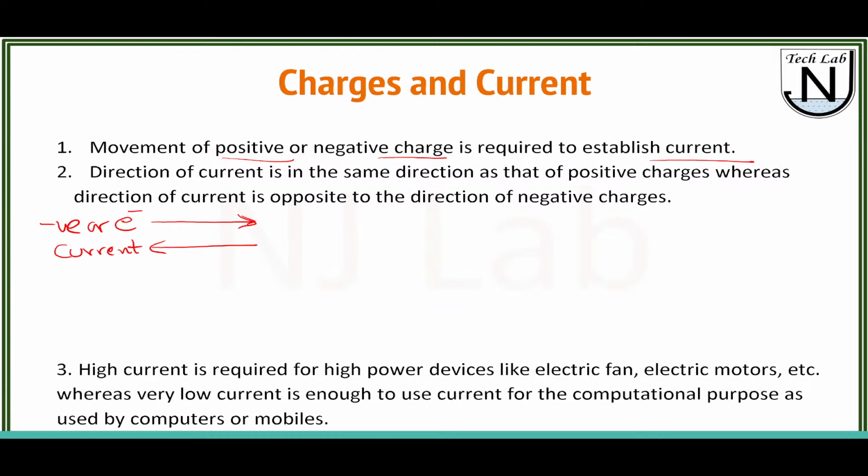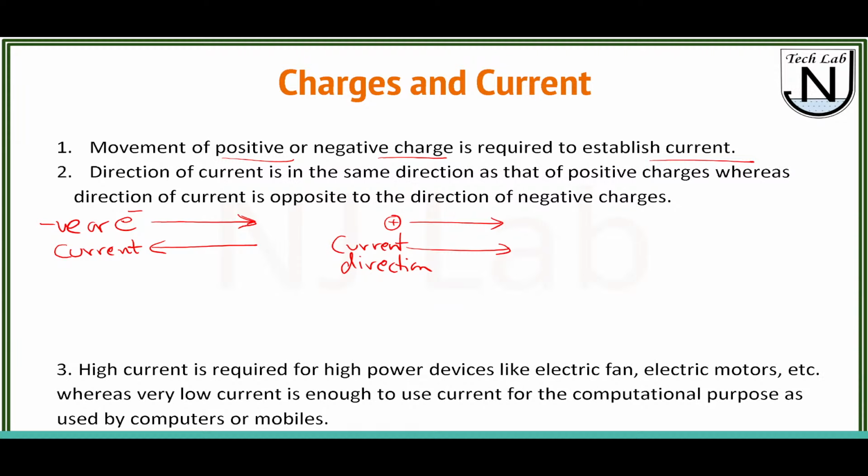Whereas if the positive charges are flowing in this direction, then the direction of the current will also be in the same direction, right? So the direction of the current and the electrons are opposite to each other, whereas the direction of the current and the positive charges are in the same direction.